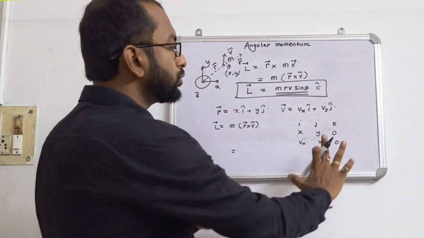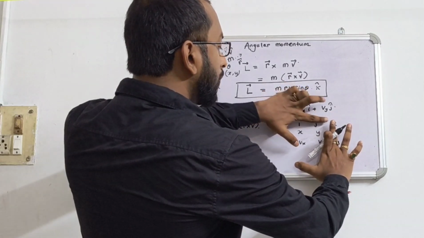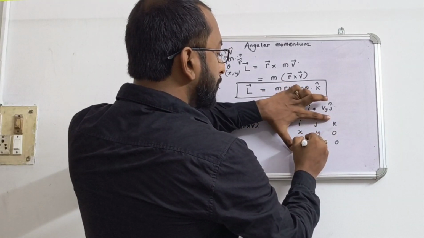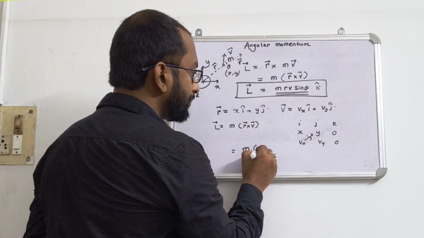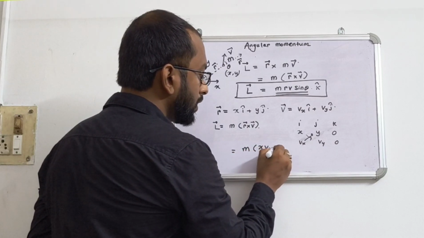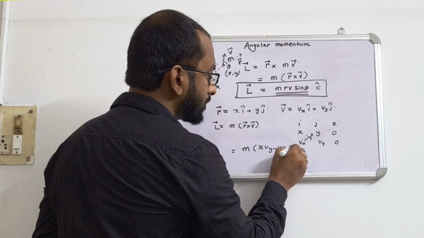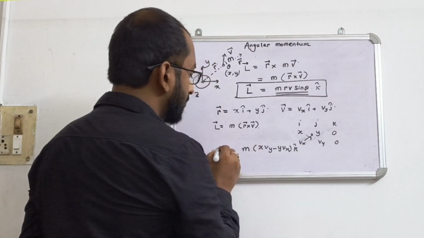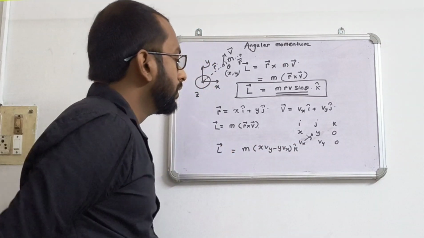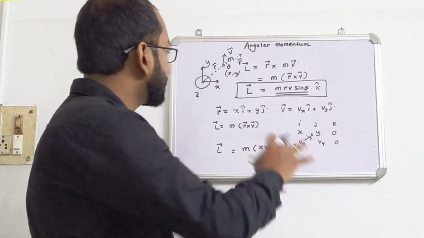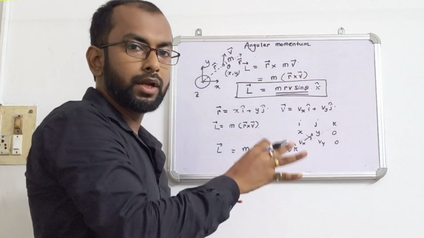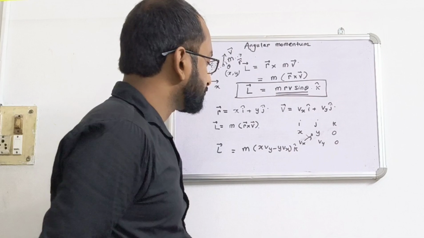So we do r cross v, which gives k times (x vy minus y vx). So we write m (x vy minus y vx) k cap, and that is L. That is the angular momentum if the particle is moving in the xy plane, the two-dimensional plane.